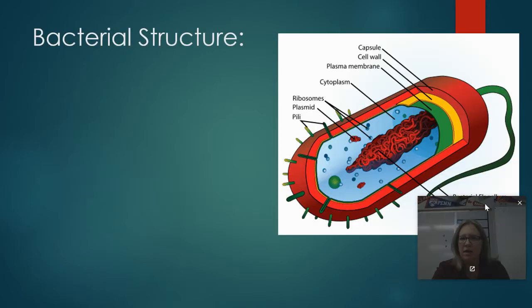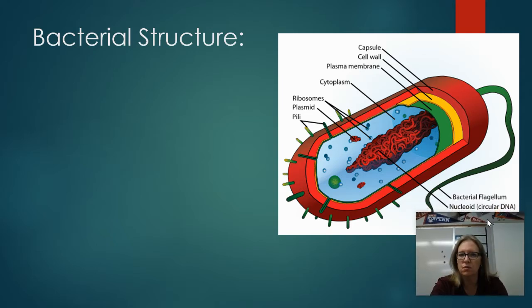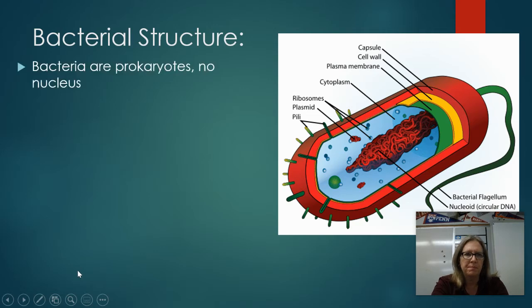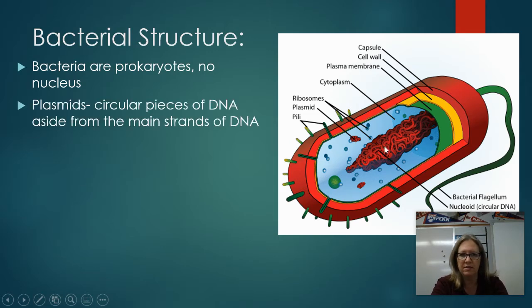So we've got similar structures with all the different bacteria that we see here. Keep in mind that they're prokaryotes, okay, meaning they don't have a nucleus. You can see their DNA is just gathered, hanging out. It might be spread out throughout the cell itself, might be gathered in the middle, but it is not contained in a nucleus, okay?